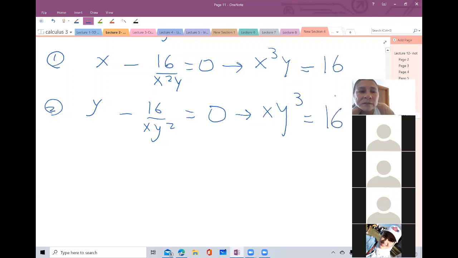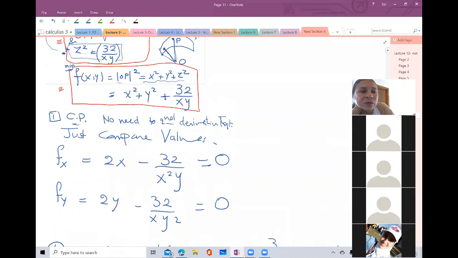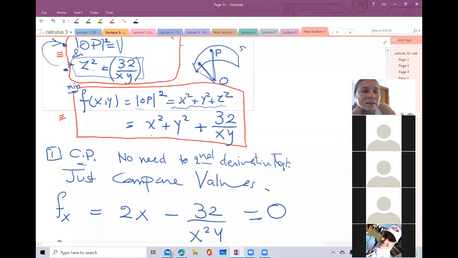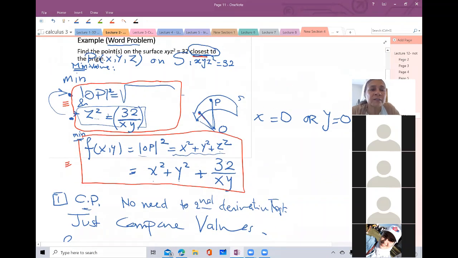Can I do this? When I said let us substitute z squared equals 32 over xy, can I actually divide by x and y? Could x be 0 or y be 0? In word problems this is actually not possible. Why? Because he started by telling me that x y z squared is equal to 32, fixed for any point I have.